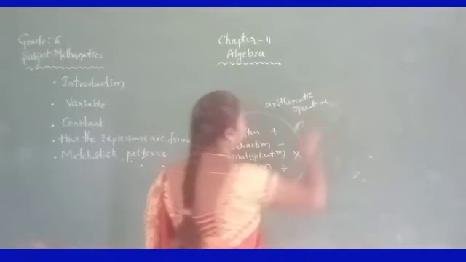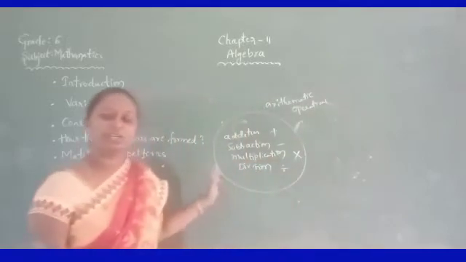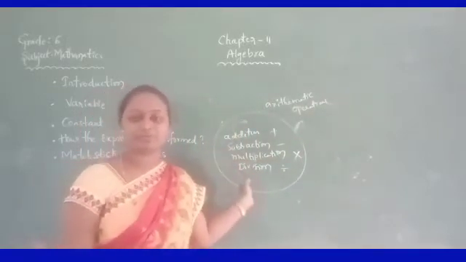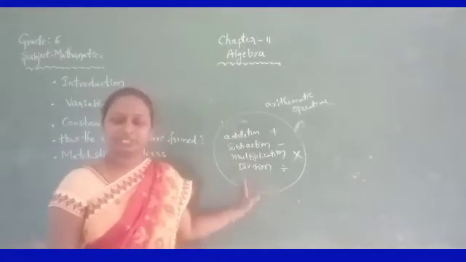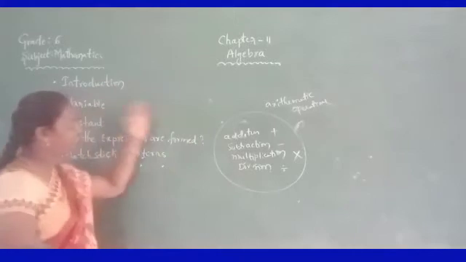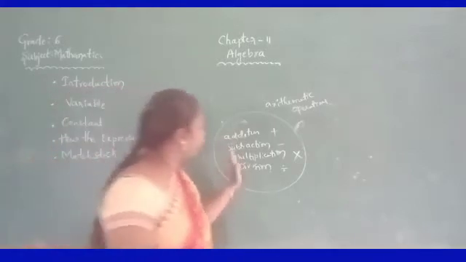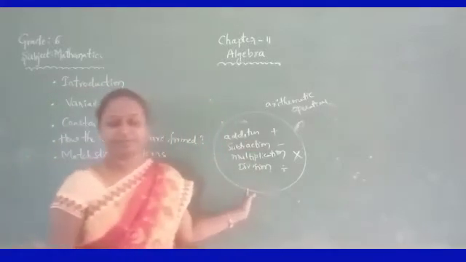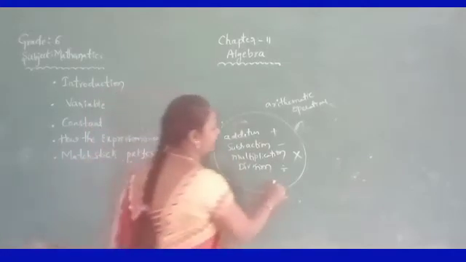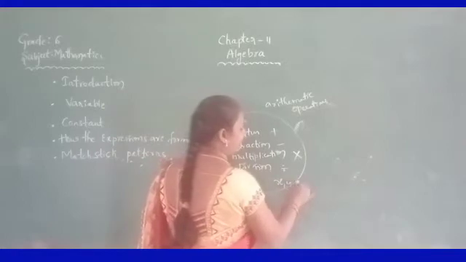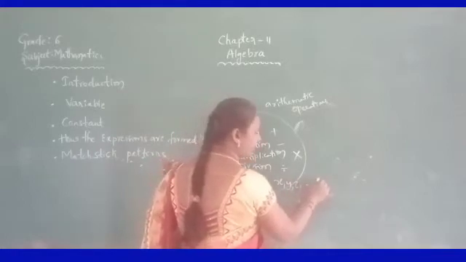Using these arithmetic operations, we solve many and various problems. In algebra, we have addition, subtraction, multiplication and division, and not only these operations, we also use some variables like x, y, z, and some constants.